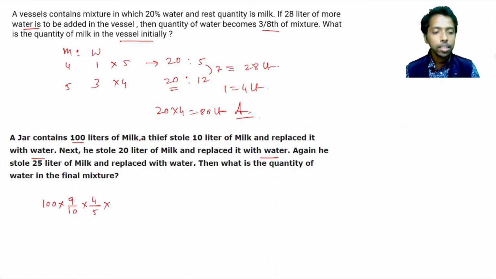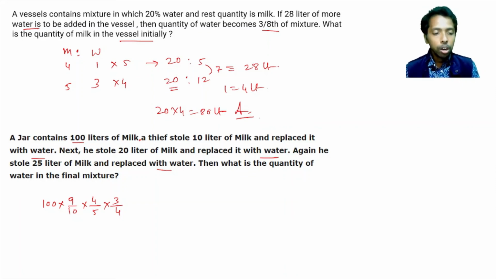Again, he stole 25% or 25 liters of the milk and replaced it with water. 25 liters means this should be 75 parts, that is the concentration of milk we are dealing with, so 3 by 4. 20 liters and 25 liters can be understood as percentage values because the base value here is 100. Okay, don't confuse it.